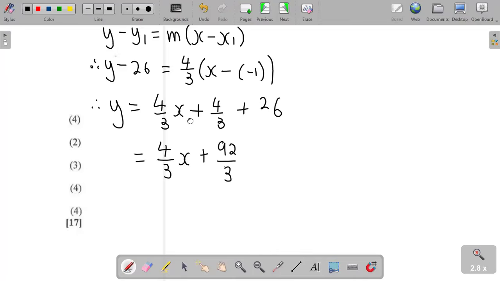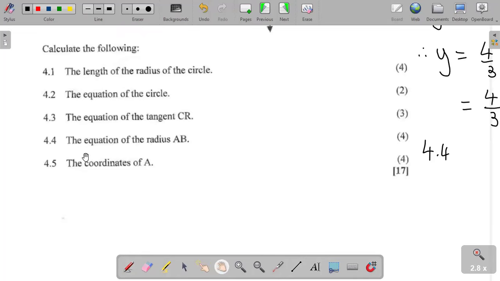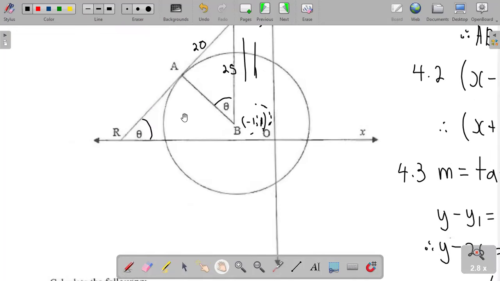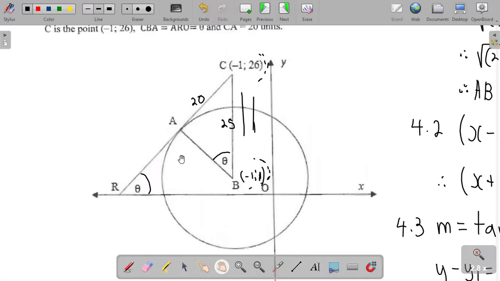And then 4.4. What are we required to find? They say the equation of the radius AB. Okay, we know that these two things are perpendicular at this point.